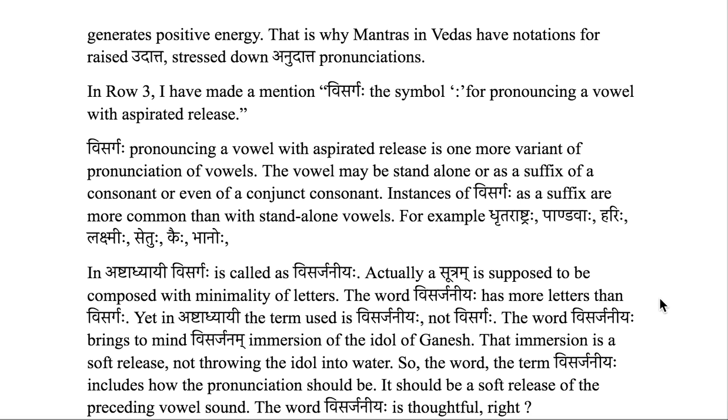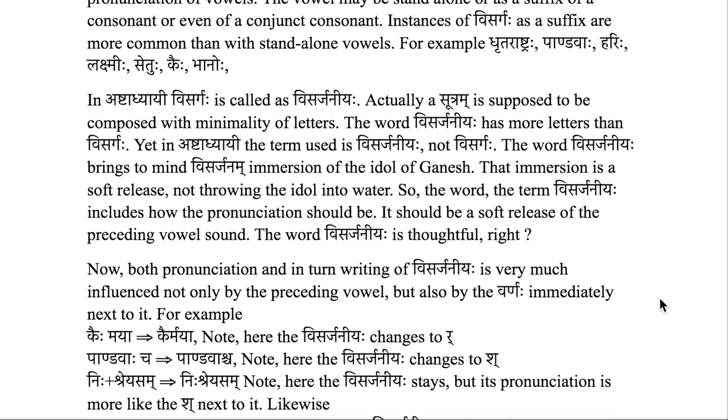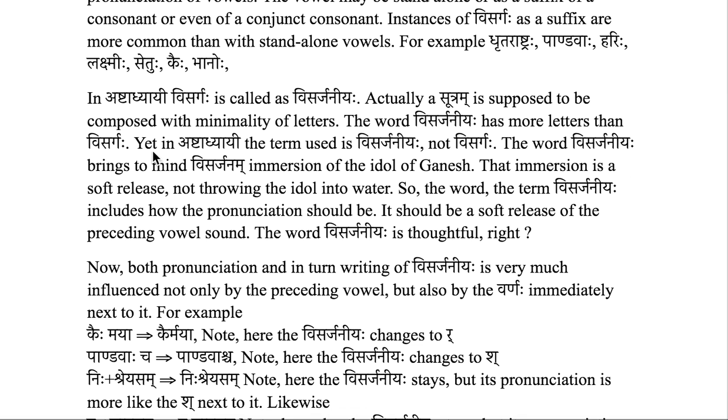In Ashtadhyayi, visarga is called visarjaniya. Actually, a sutram is supposed to be composed with minimality of letters. The word visarjaniya has more letters than visarga. Yet in Ashtadhyayi, the term used is visarjaniya, not visarga. The word visarjaniya brings to mind visarjanam, immersion of the idol of Ganesha at the end of the Ganesha festival.